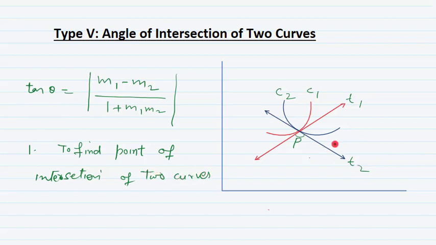And that can be done easily by substitute method, and this method is same as you have applied in 10th class for calculating point of intersection of two lines. The second step is to calculate slope of tangent of the two lines.